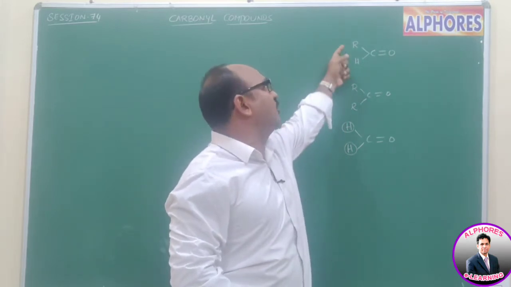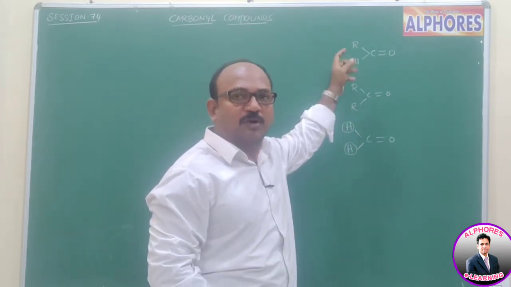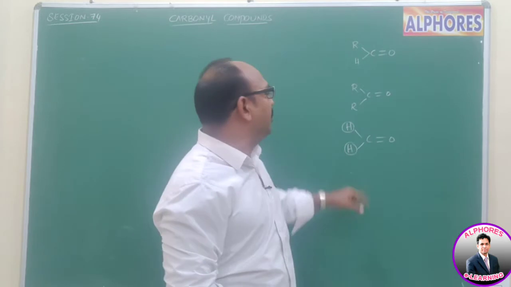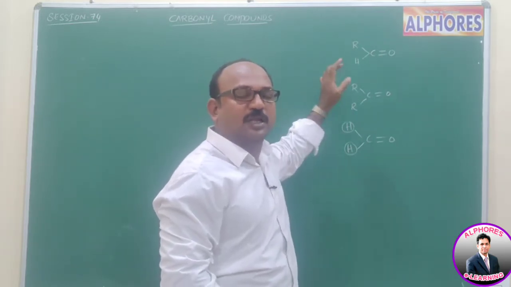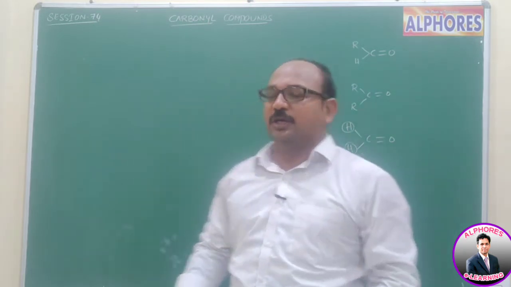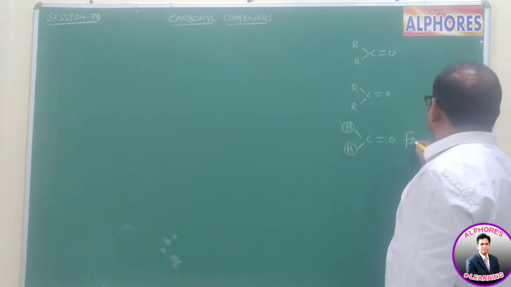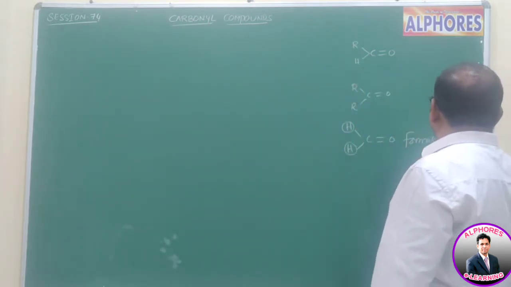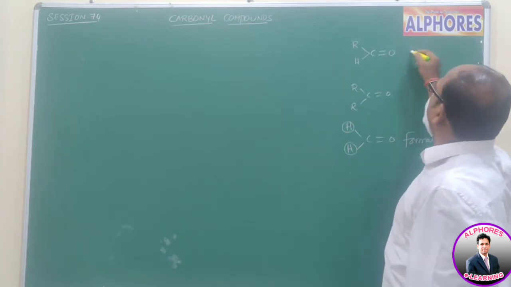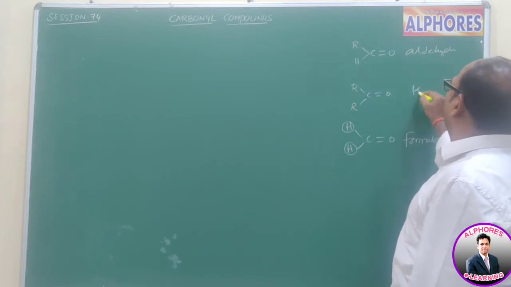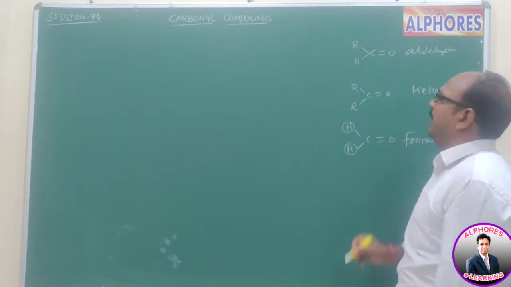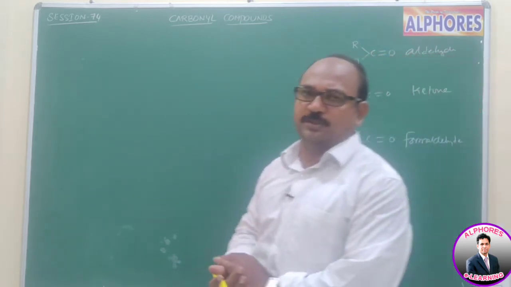If one is an alkyl group and the other is hydrogen, then we call it aldehyde. If both valencies are satisfied by alkyl groups, then we call it ketones. So HC=OH is called formaldehyde, RC=OH is generally called aldehydes, and RC=OR general formula compounds are called ketones.